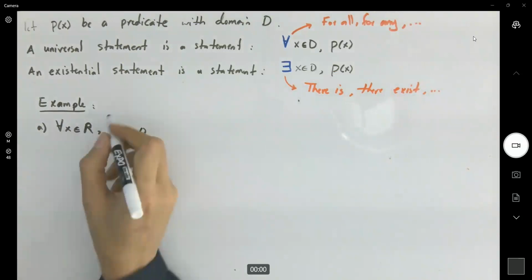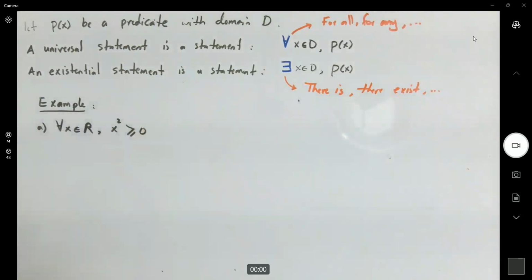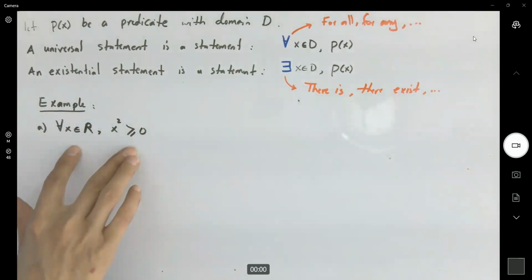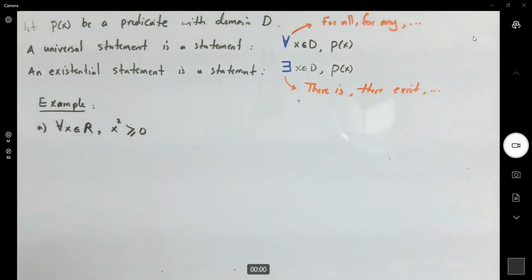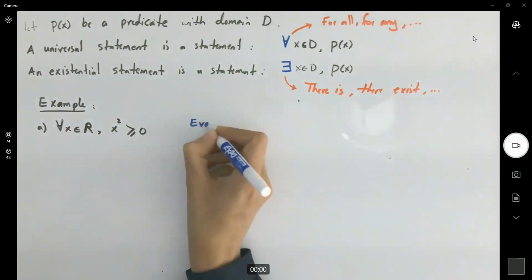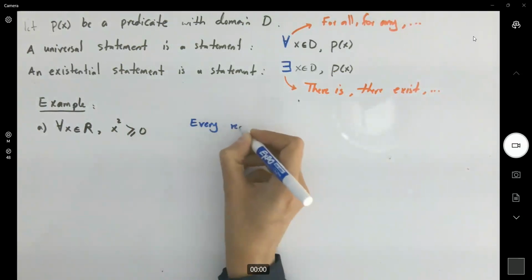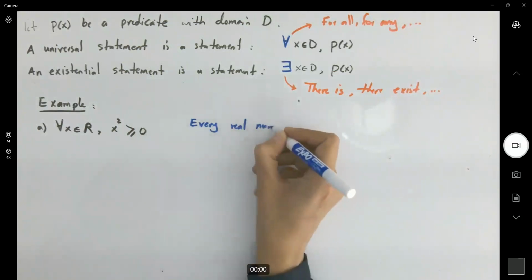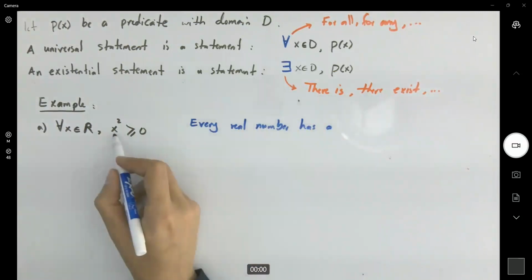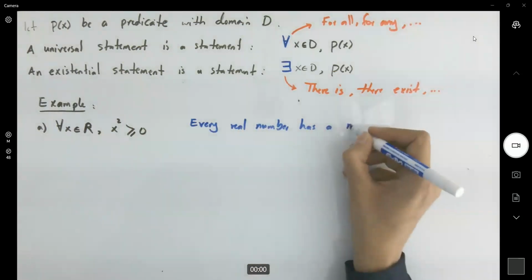So let's write this down a little bit more clearly. What's the meaning of that? You can translate this into: every real number has a non-negative square.